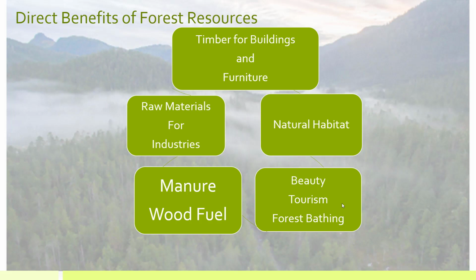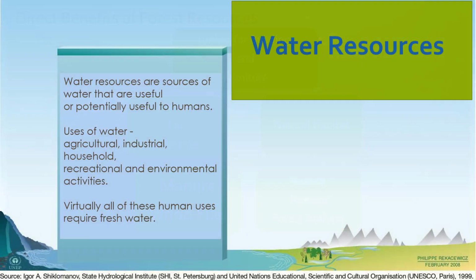And there's a lot of medical research now on the restorative benefits and the therapeutic benefits of just being in a forest. We rely on forests for wood fuel, and we can also get manure from forests, and then raw materials for industries. Building homes and building furniture are primary uses of forest resources.